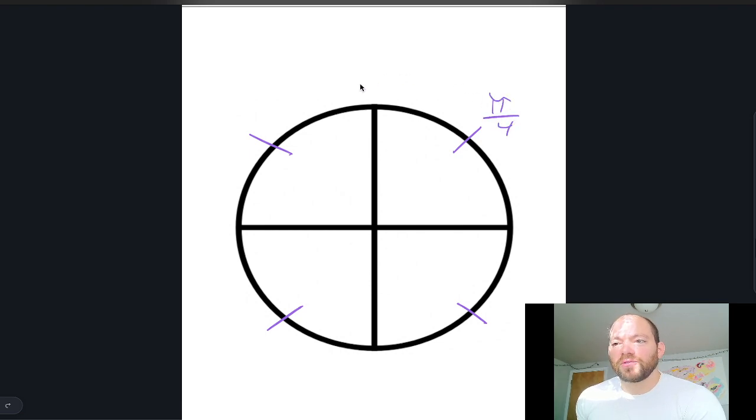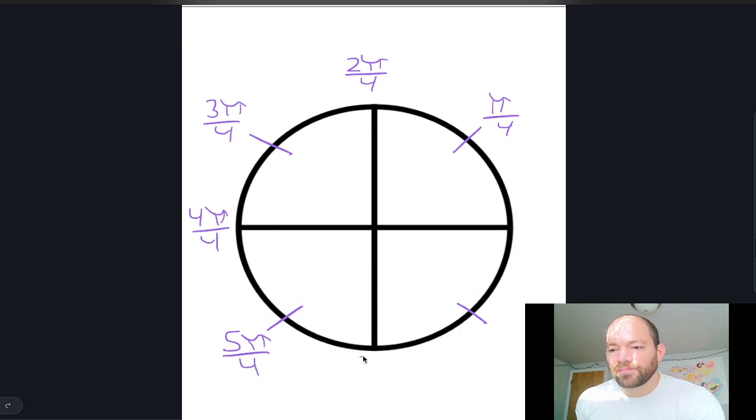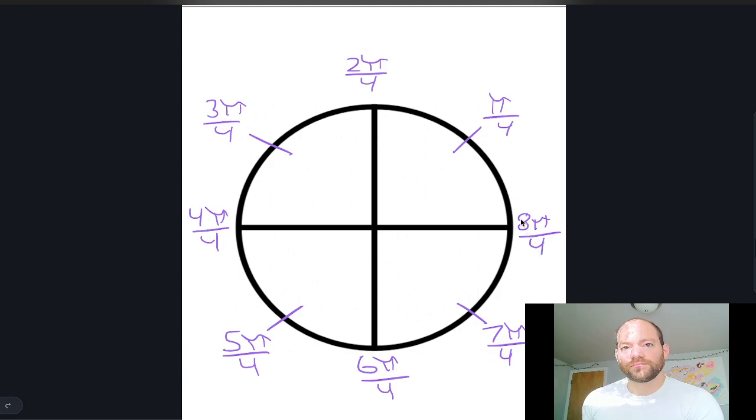So pi over 4, we go up here, that's another pi over 4, 2 pi over 4, 3 pi over 4, 4 pi over 4, 5 pi over 4, 6 pi over 4, 7 pi over 4, 8 pi over 4. You see how this has been done?